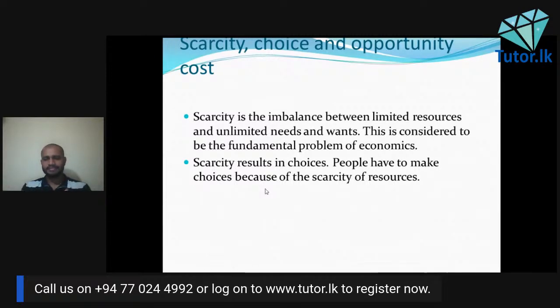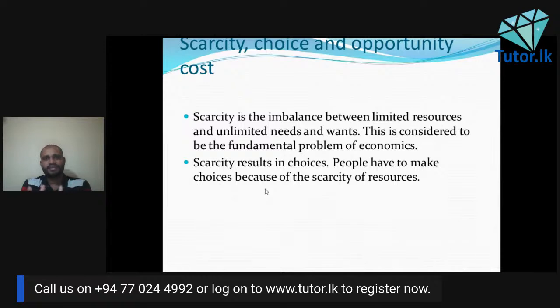So there is always an imbalance between the limited resources and the unlimited wants. When the wants exceed the available resources, then there is scarcity.